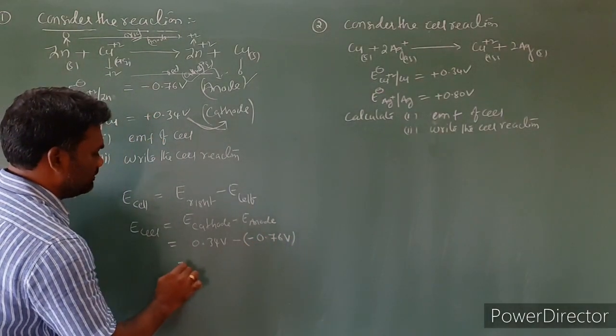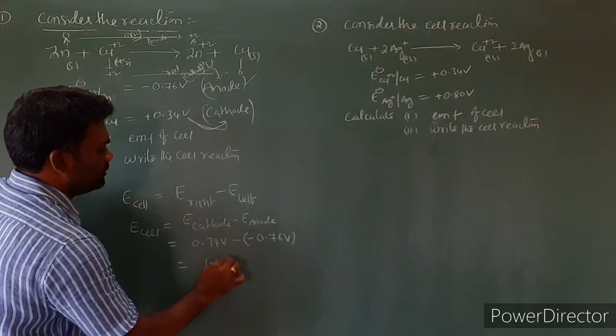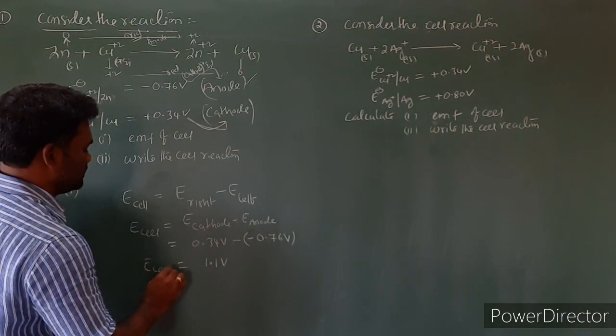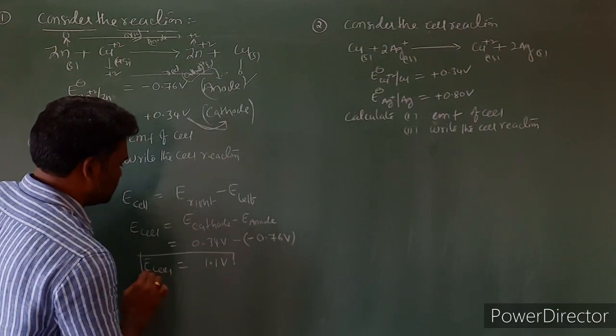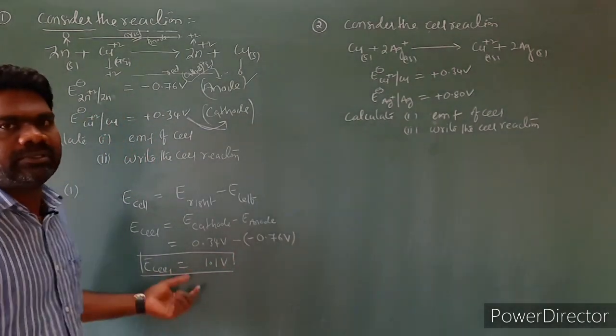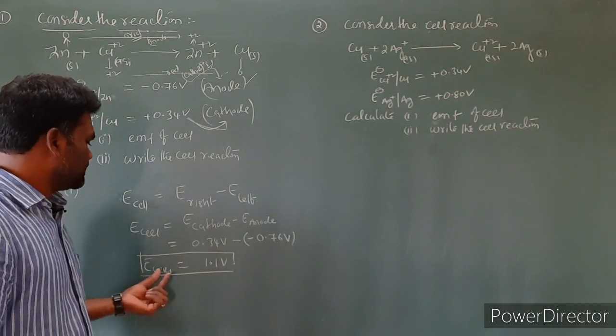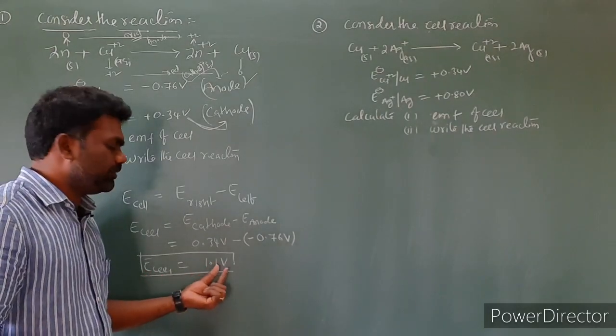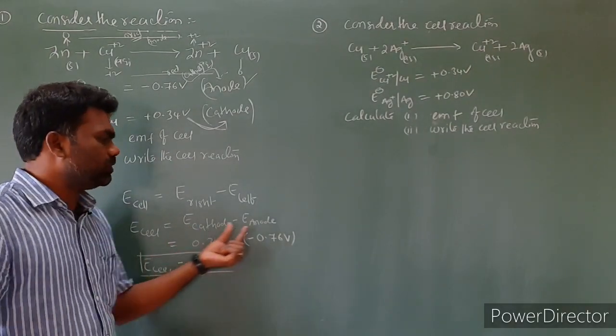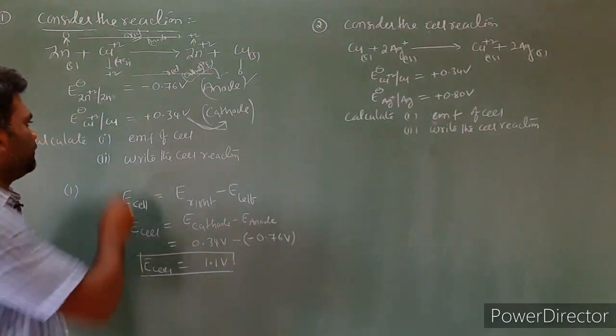Upon simplification you get 1.1 volts. So this is the EMF of this cell: E cell is equal to 1.1 volts. The formula is E cathode minus E anode. This is the first question's answer.